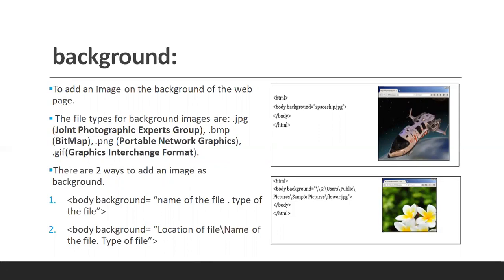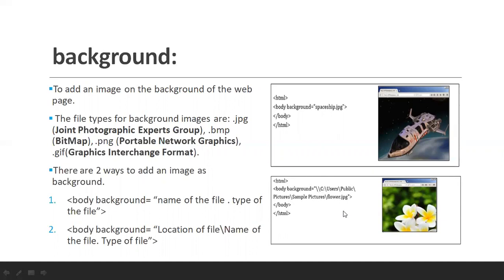There are two ways to add the image in the background, and I'll be showing both. The first way is to put the name of the file. This works only when your HTML file and the image file are in the same folder. At that time, you can have only the image name dot extension. The second way is putting the whole path of the image.